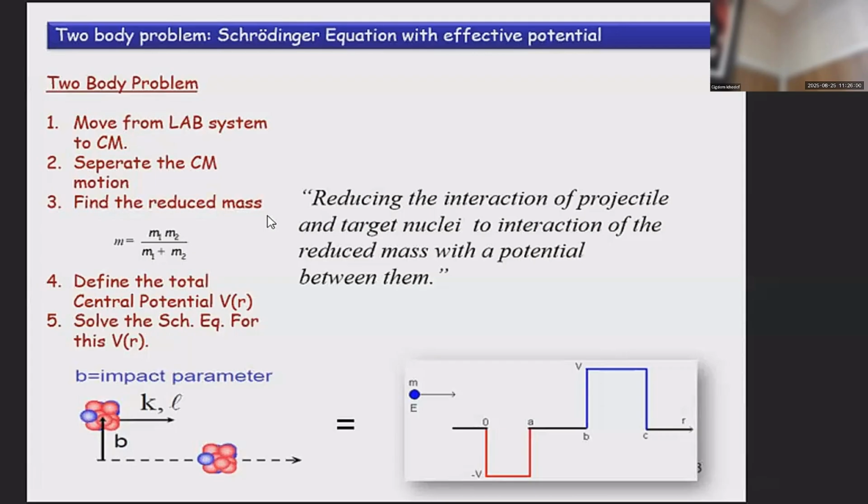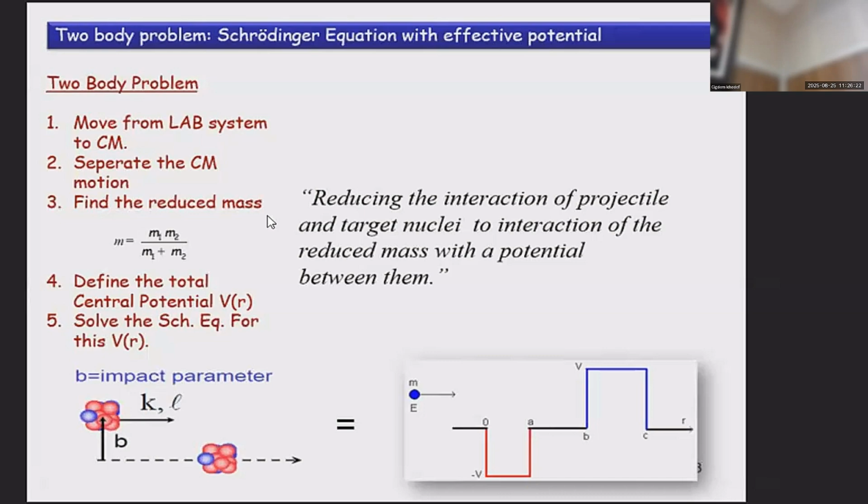That's why we solve these square well and barrier problems, the simplest cases in quantum physics. Actually, what they describe is the interaction of two particles with each other. That's theory. That's experiment.